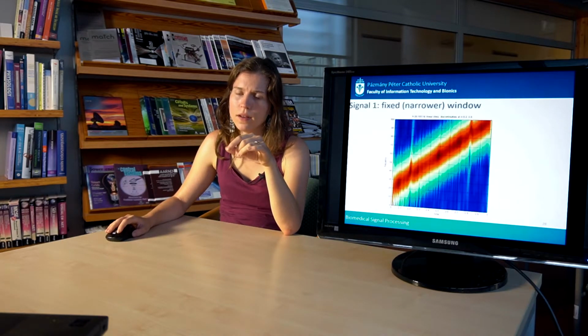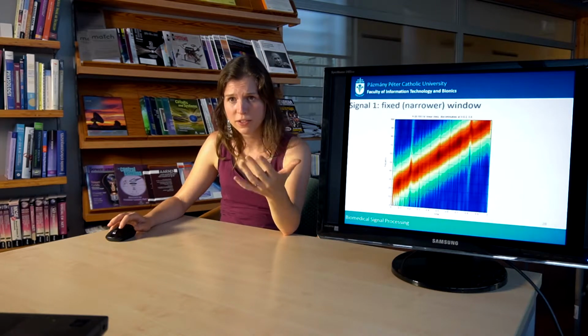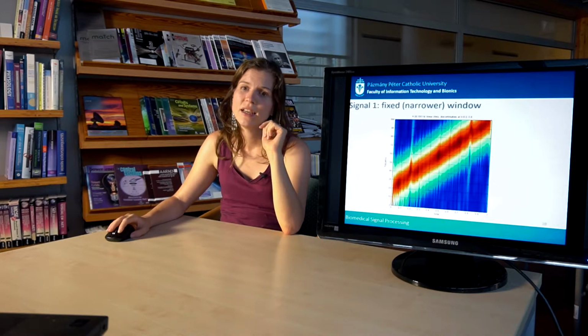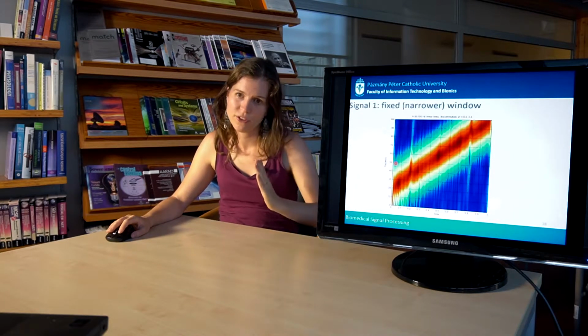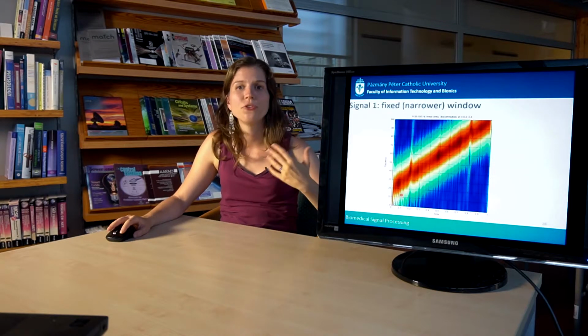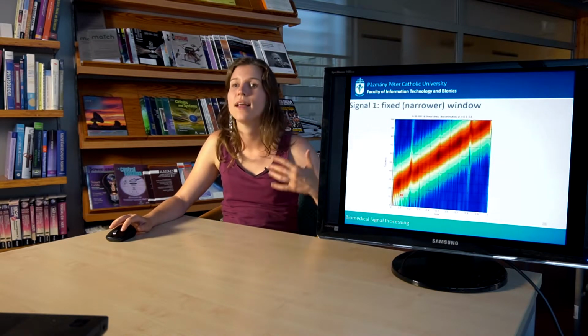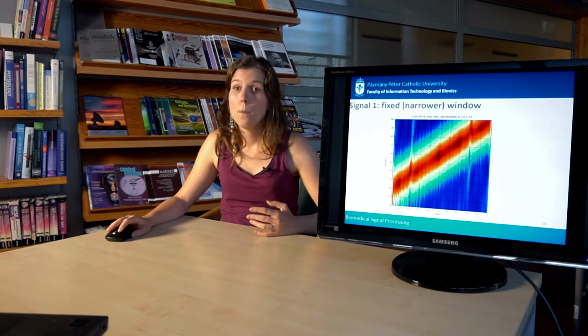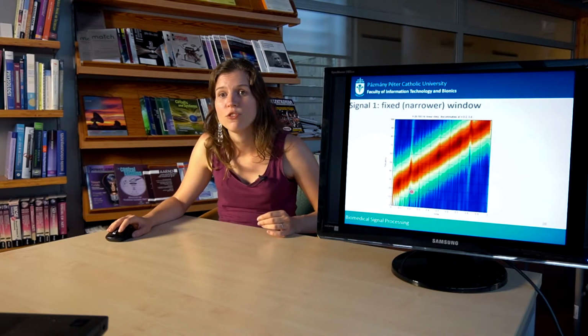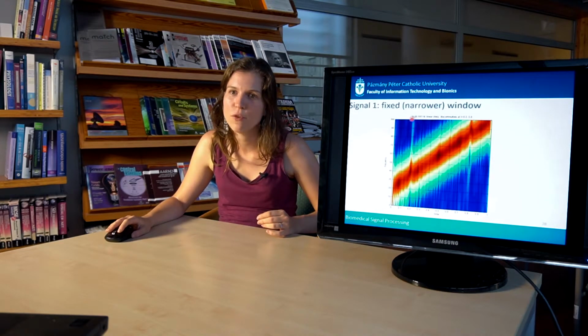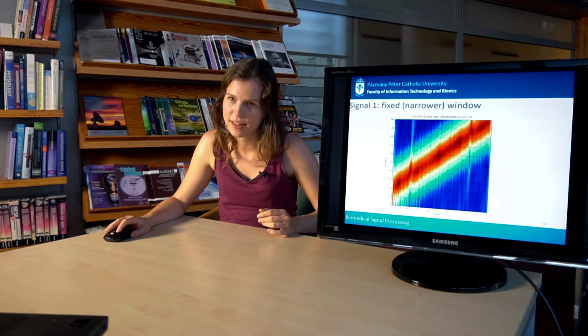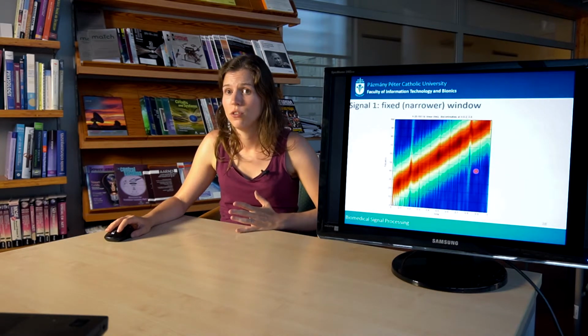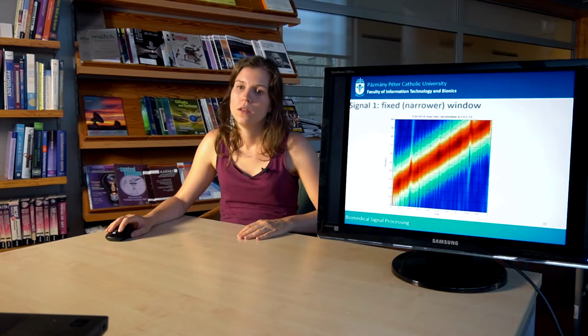And then in its spectrogram, what you will see is that it is smeared in the frequency axis, so you don't really know at what frequency that signal is happening, but you know where the change is. So here we have a very sharp response in time to that change in our spectrogram.